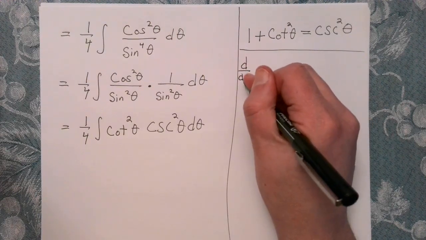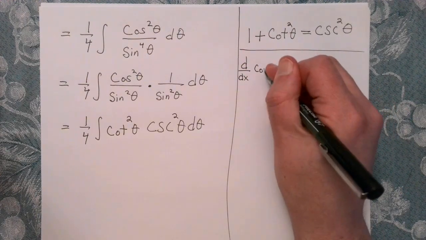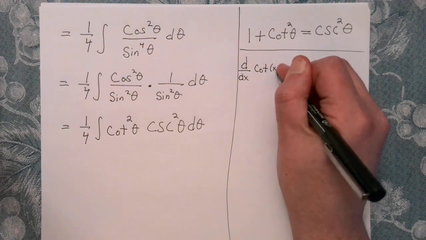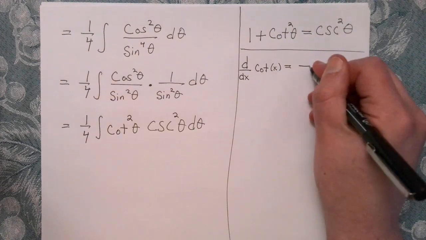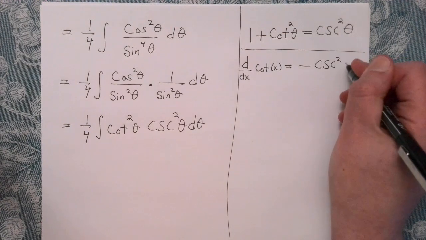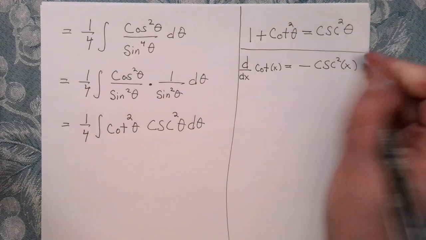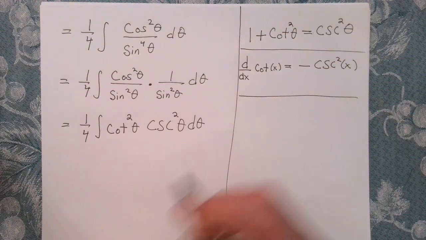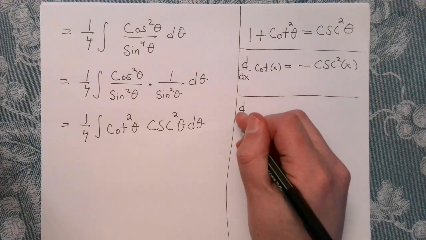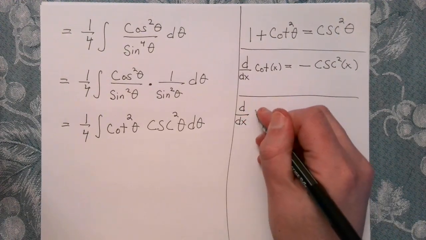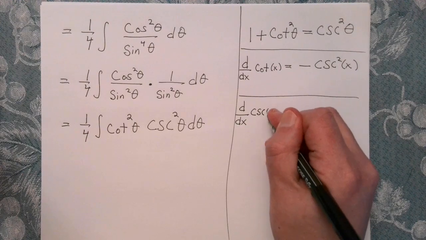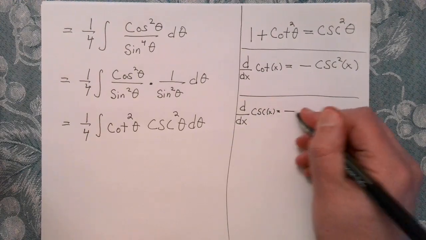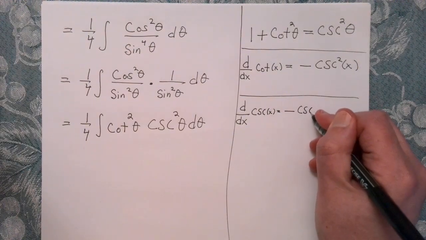So the derivative of, let's say, cotangent of x is equal to negative cosecant squared. Right, we know that from Calc 1. And what do we also know from Calc 1? Well, the derivative of cosecant is negative cosecant cotangent.